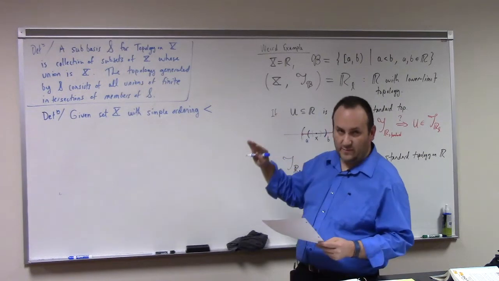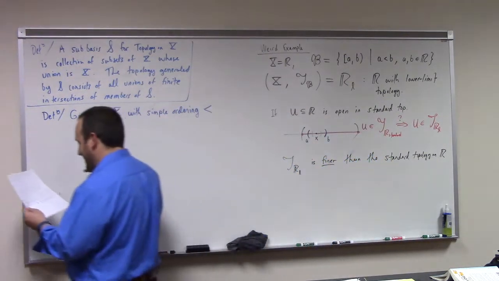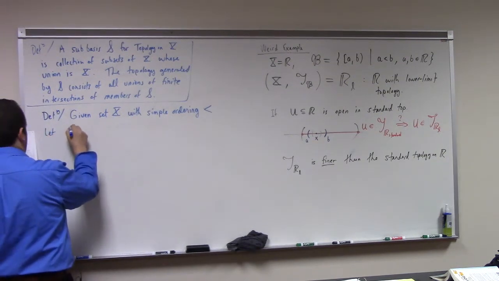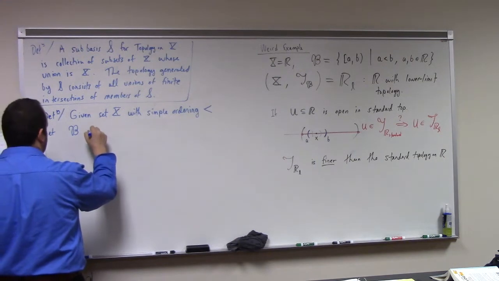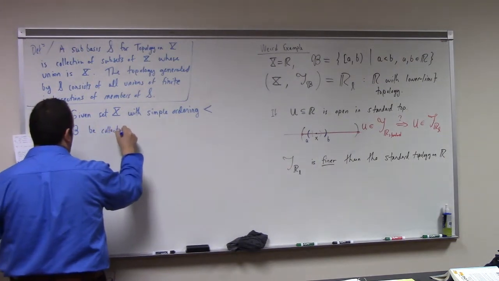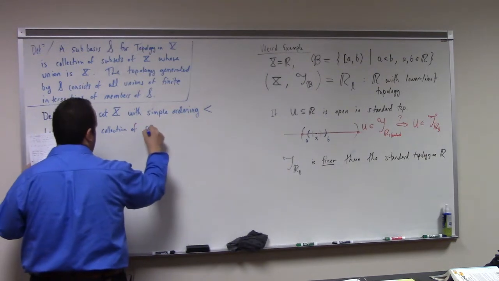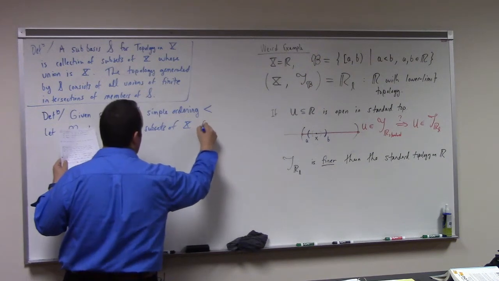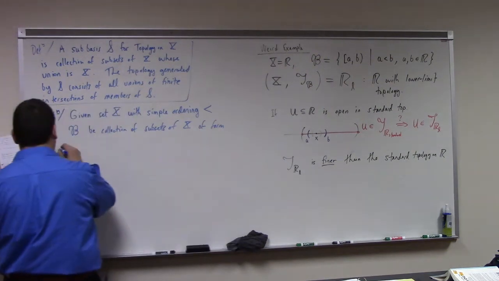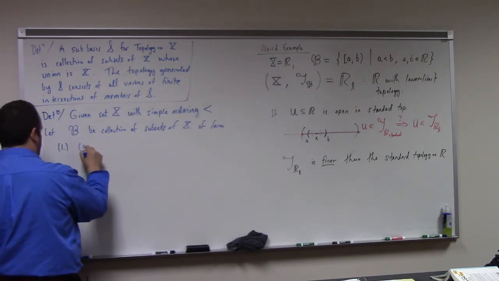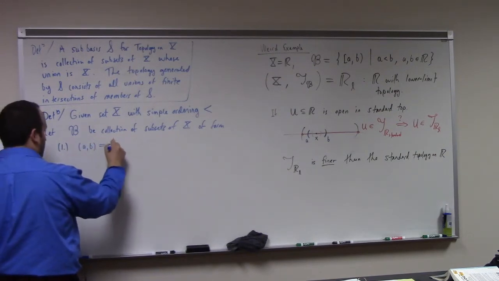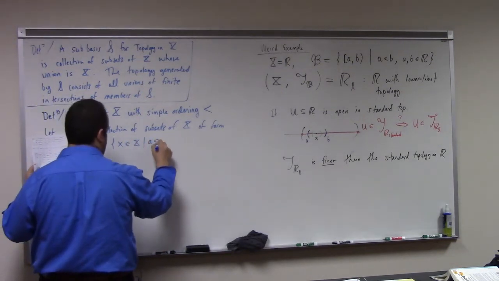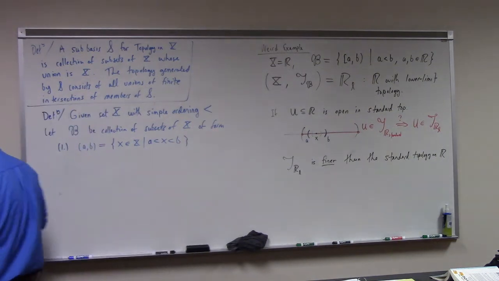So we just have a set with a simple ordering, whatever that means, and suppose it has more than one element. You can let B be the collection of subsets of X of the form number 1, open interval (A, B), that is, all X such that A is less than X is less than B. Sorry, let me get out of the way.